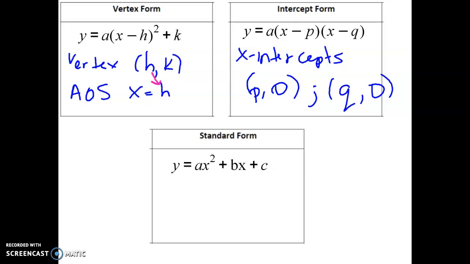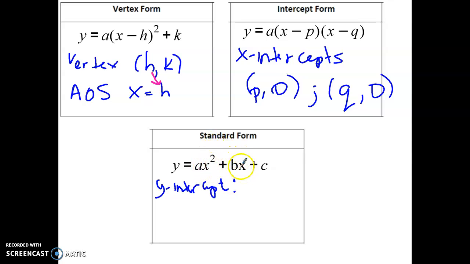And the last one is called standard form: y equals ax squared plus bx plus c. And again, you can see that same a that we had in intercept form and in vertex form. So from standard form, we can find the y-intercept. Do you remember when we found y-intercepts before, we substituted in 0 for x.